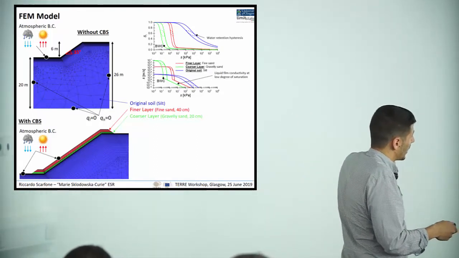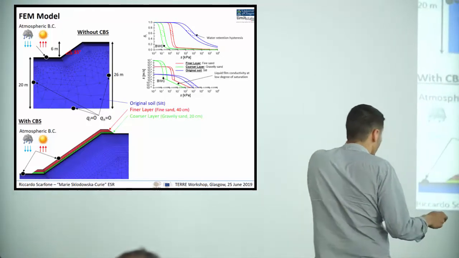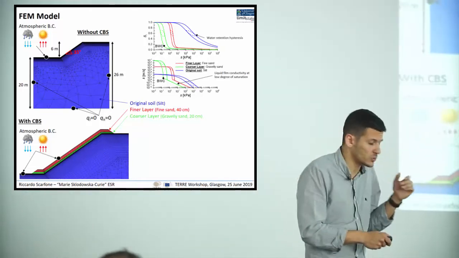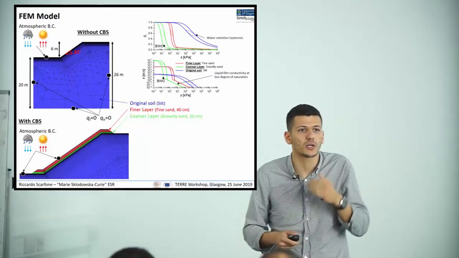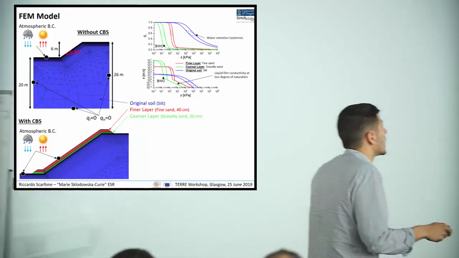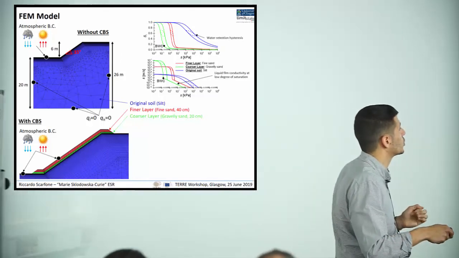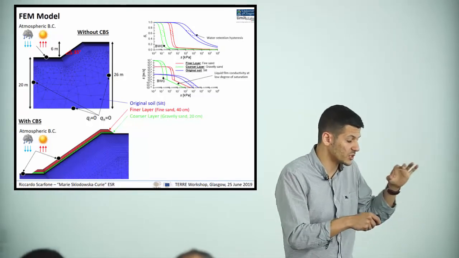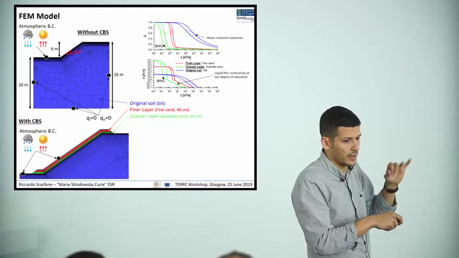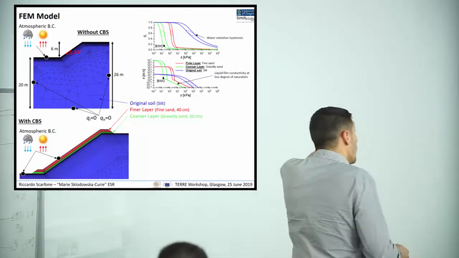In particular, the silt was modeled using a conventional Van Genuchten model, but the finer and coarser layers were modeled with a model that we developed to better represent the hydraulic conductivity at very low degree of saturation, which is more important for these materials, where we also consider the contribution, which was often neglected, of the liquid film, the conductivity associated with the liquid film covering the grain surfaces, which is important at low degree of saturation, and we also include water retention hysteresis in all the models.